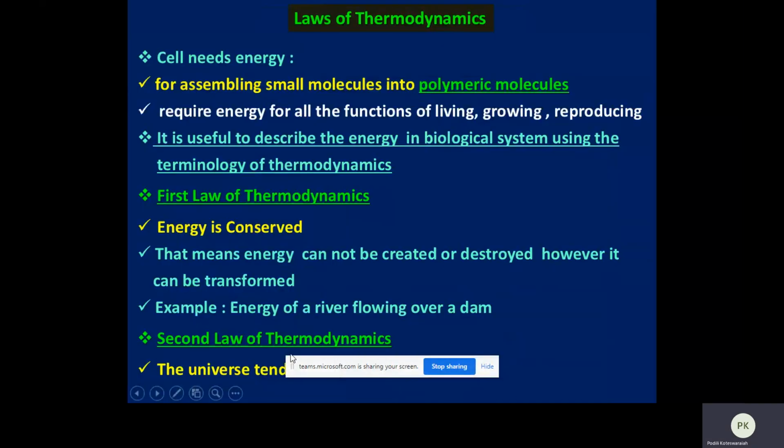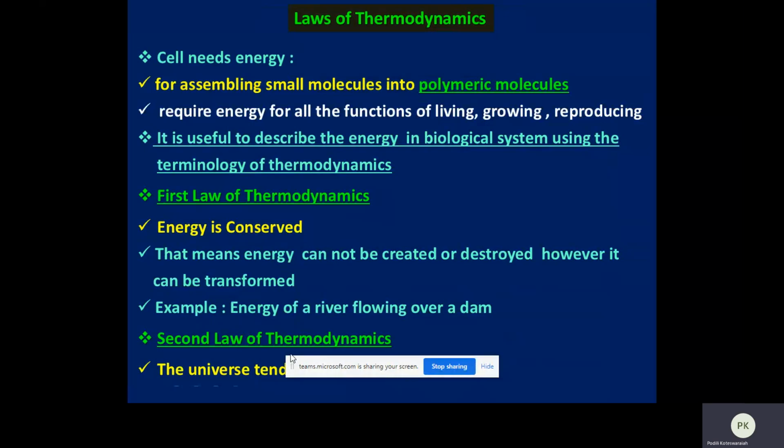We know that the cell needs energy for its various activities, for assembling smaller molecules into polymeric molecules, and for all functions like living, growing, reproducing, and so on. Therefore, it is useful to describe energy in biological systems using the terminology of thermodynamics.